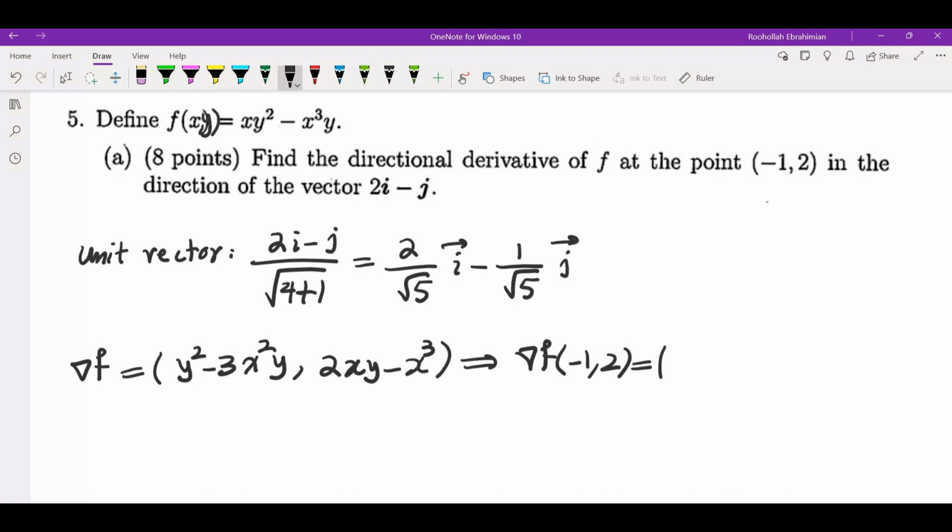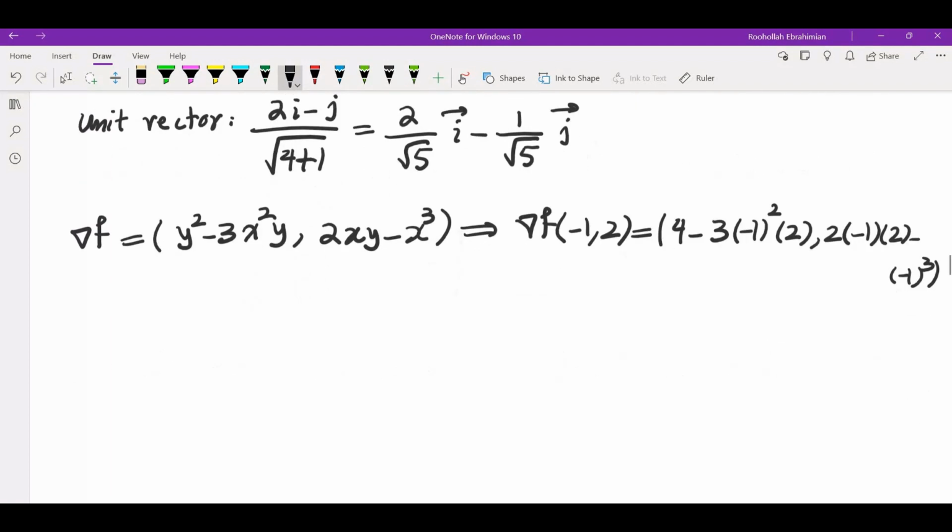If we plug in (-1, 2), we get 4 minus 3 times (-1) squared times 2, 2 times -1 times 2 minus (-1) cubed, which is 4 minus 6. 2 times -1 times 2, that's -4, and then plus 1. So this is (-2, -3). So this is the gradient.